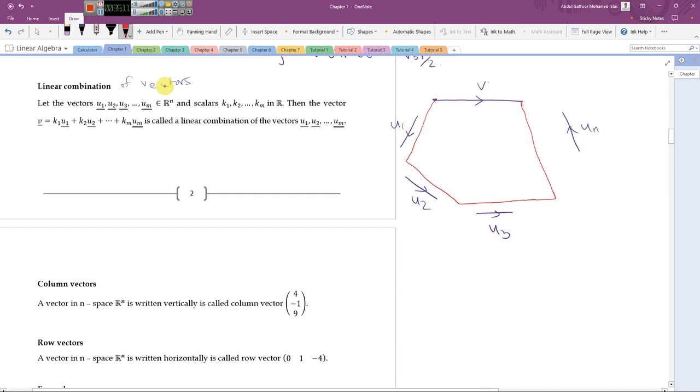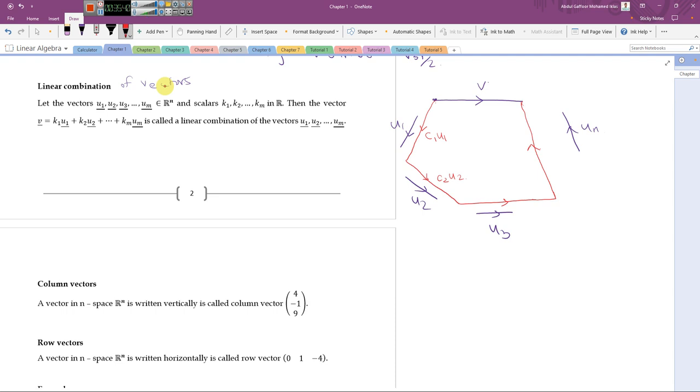So starting from here to here, v is equal to this plus this plus this plus this. Since this is a parallel vector, this will be nothing but a scalar product c1 into u1, and this will be c2 u2. I am just scaling the vector u1 by a scalar c1 since they are parallel.